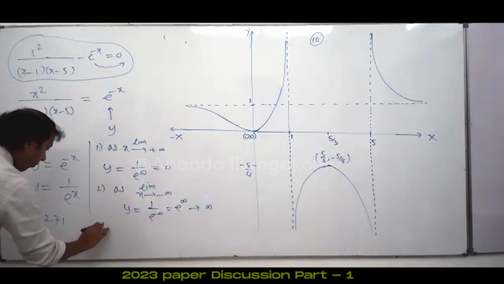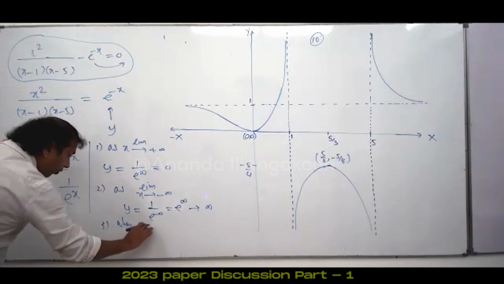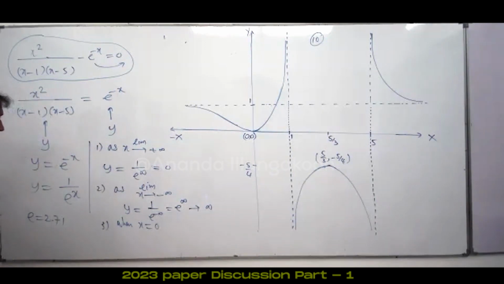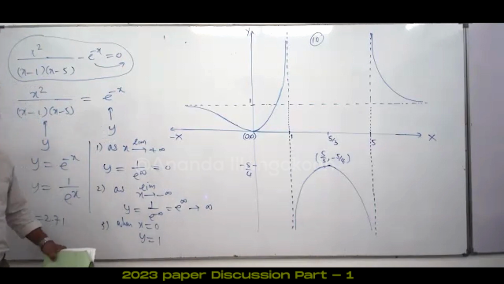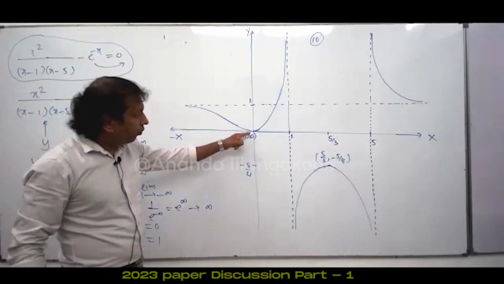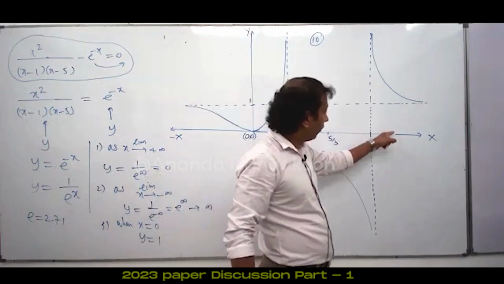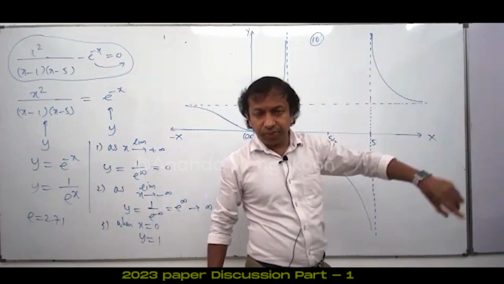Number 3, when x equals 0, put x equals 0 here. e to power 0 is 1. 1 over 1 is 1. y is 1. All right. Then if I sketch this graph, this says as x goes to infinity, y goes to 0. That means when we go this way, the graph comes closer to the x-axis.